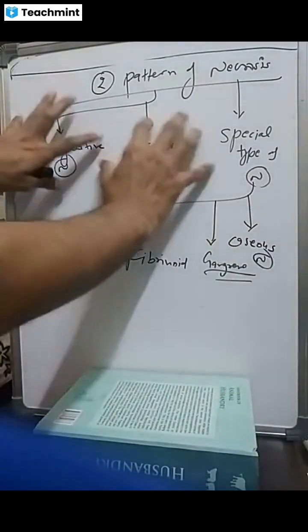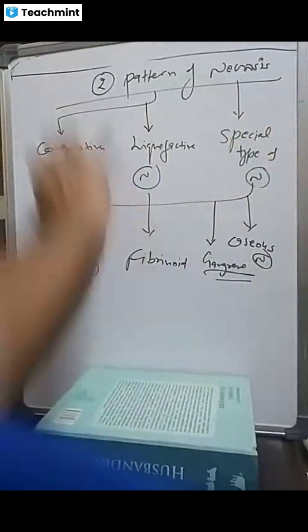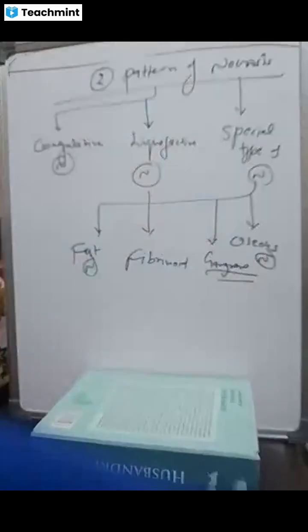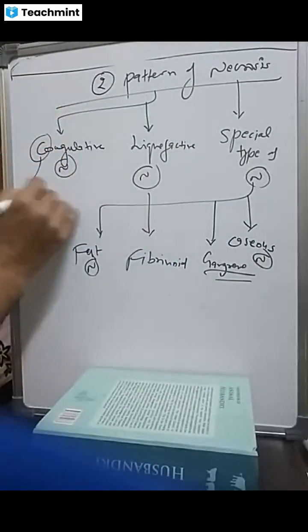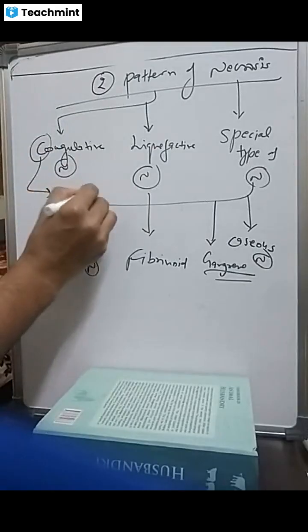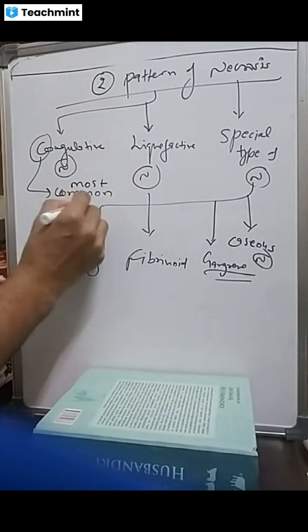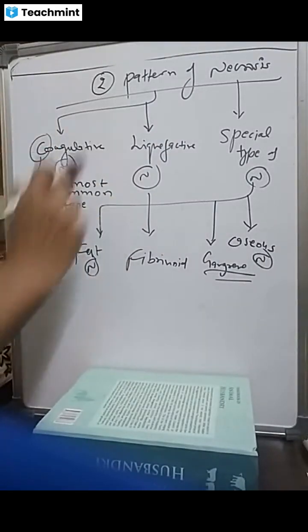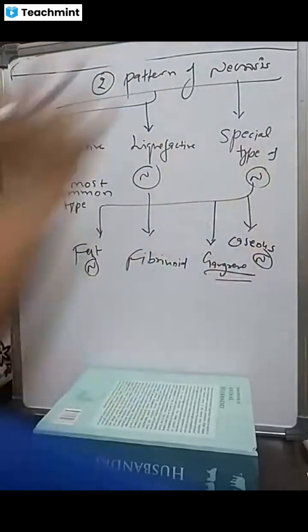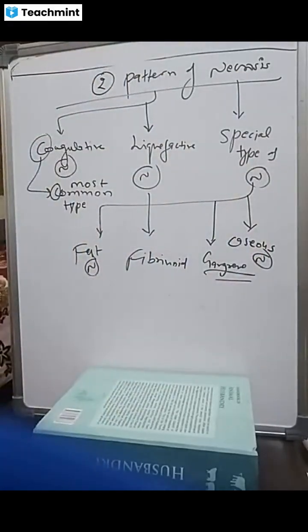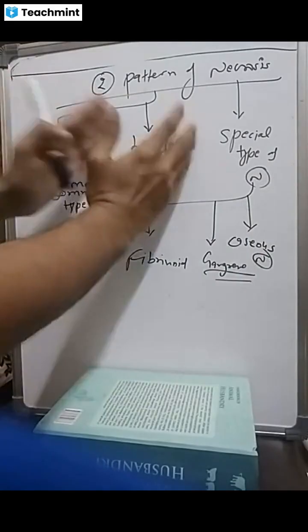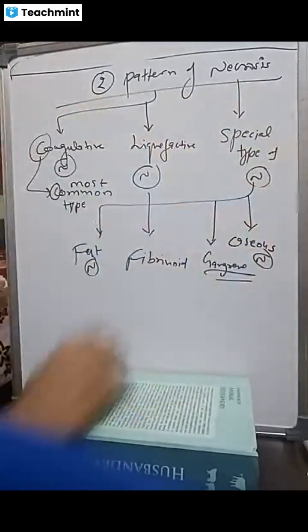So these two are the basic, and these are special. Out of all these, C for coagulative, C for common. So this is the common, or you can say the most common type out of all necrosis. So first we'll see coagulative necrosis, liquefactive, then special.